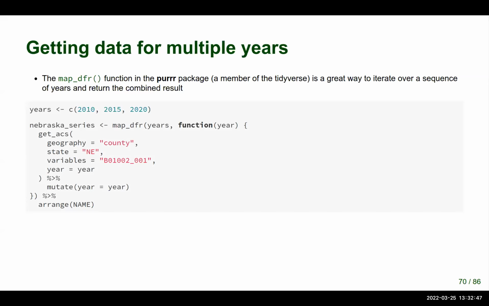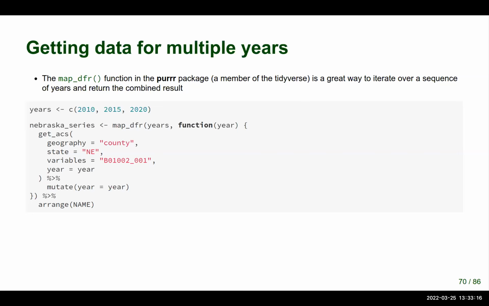So there are a couple of different ways that we can get time series information in the ACS. And one way that you can accomplish this is with a little bit more advanced programming. And one of my favorite packages in R is the purrr package for functional programming. It's also a hard package to learn. So if you are new to R, bear with me here, because conceptually, we'll step through to tell you how it works.